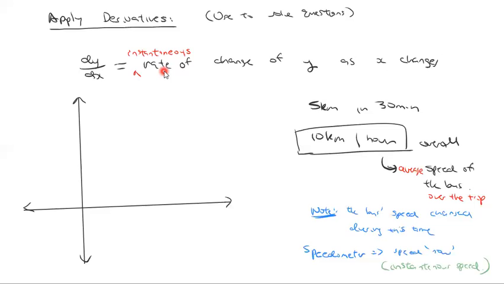Now, what does y change as x changes? What's the rate of change of y as x changes? What does that represent? The gradient? Exactly. So graphically, this is the gradient.